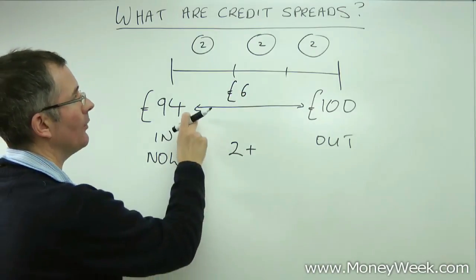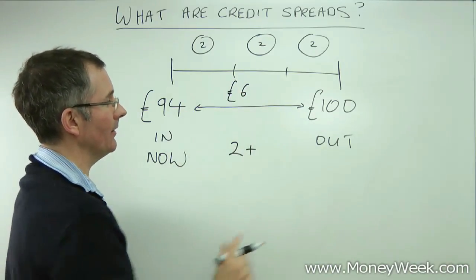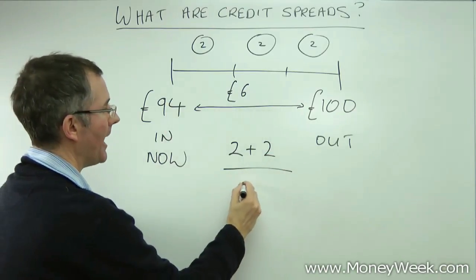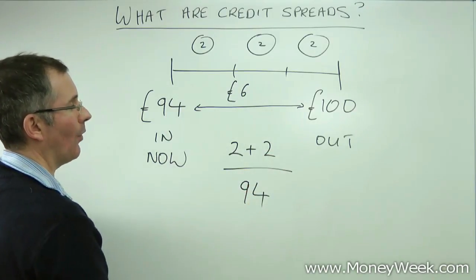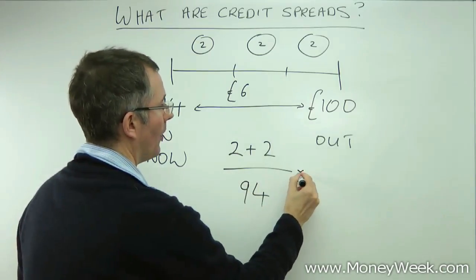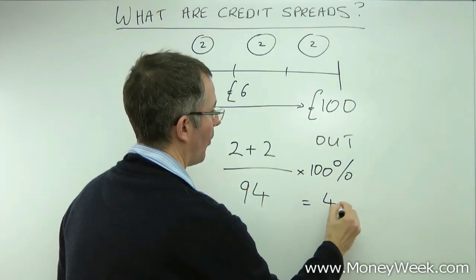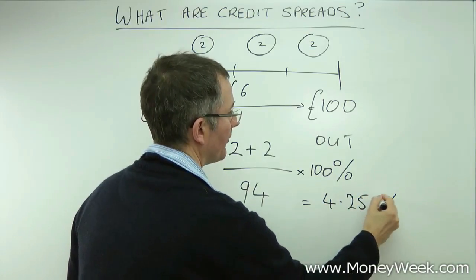So let's call that £2 a year of capital gain, so that's another 2, over the price I'm paying to buy the thing, which is 94. So 4 over 94 as a percentage is an annual yield of about 4.25%.